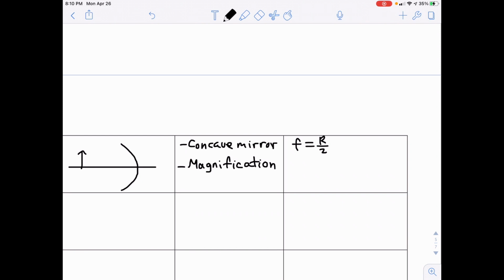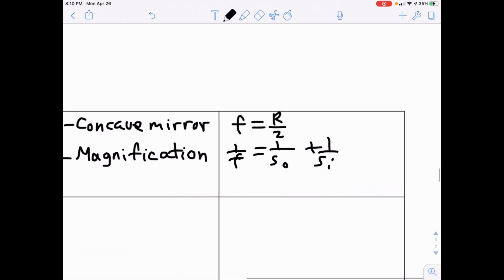We need to know that 1 over the focal length is 1 over the object distance plus 1 over the image distance. And we also need to know that magnification is the ratio of image height to object height, or the negative of image distance to object distance. So SI over SO.